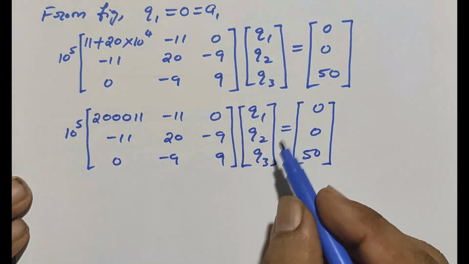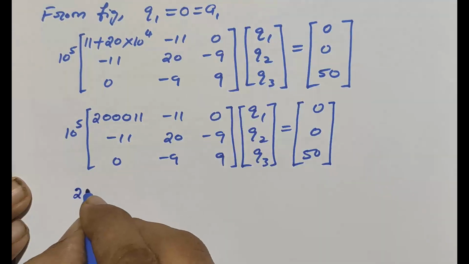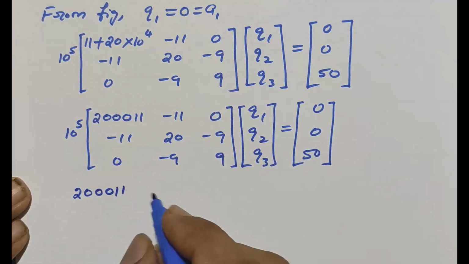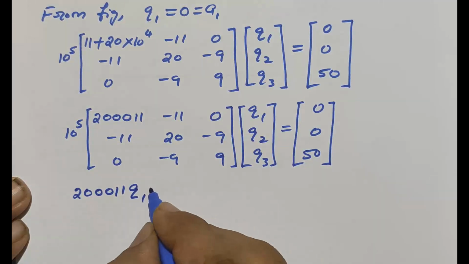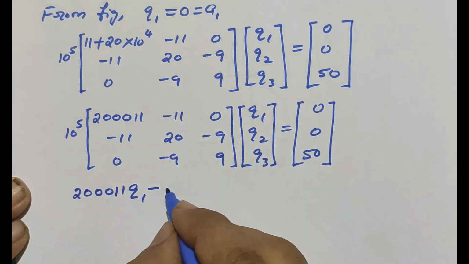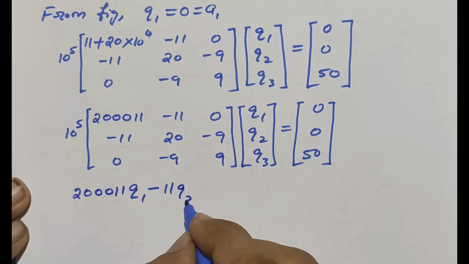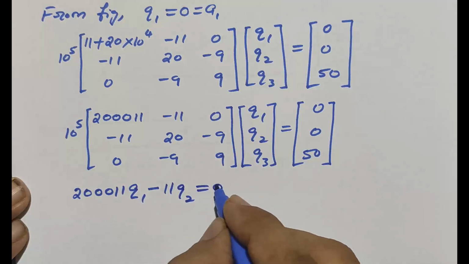Now multiply this, we will get 2 into Q1 is 0. Next, 11 Q2 minus 11 Q3 is equal to 0.